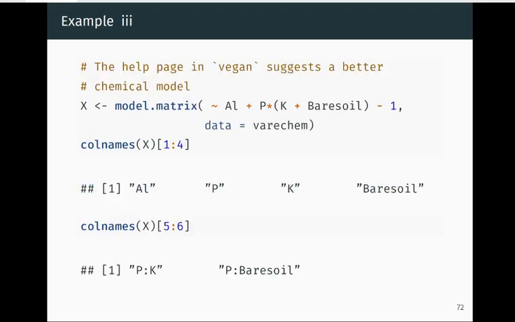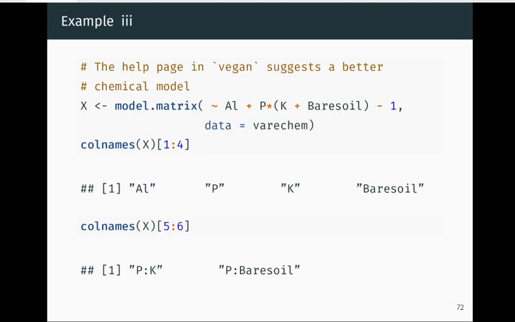Next, instead of using all the chemical measurements, we'll use the model that is suggested in the help page for the vegan package. We define it using a formula, and we can see there are 4 main effects, one coming from aluminum levels, one from phosphorus levels, one from potassium levels, and then bare soil.